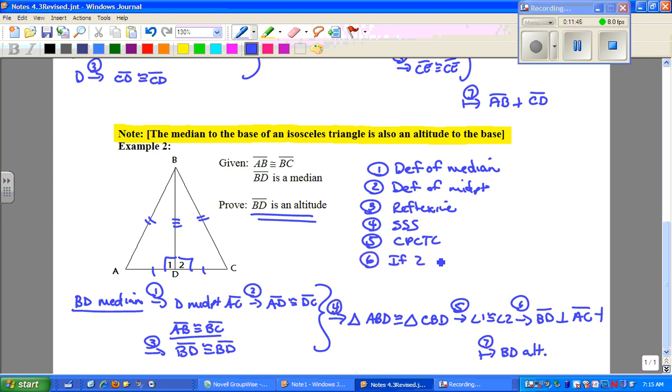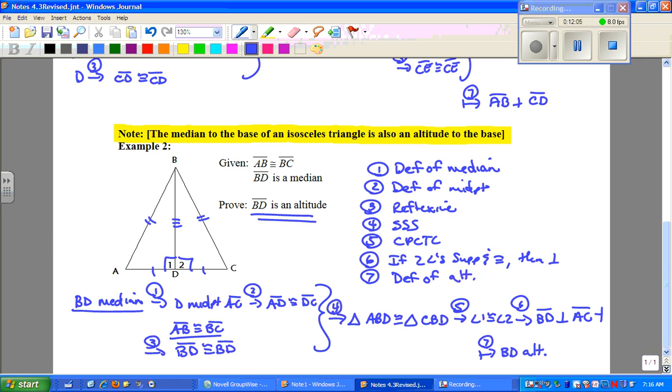If 2 angles are supplementary and congruent, then perpendicular. And 7, definition of altitude.